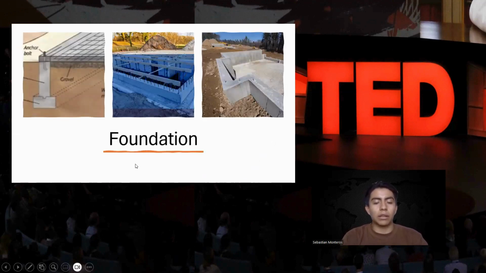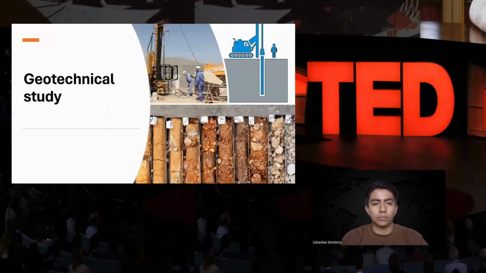Next, we're going to talk about the foundation. That's the main part of the structure, because the foundation is where the whole structure is going to rely. To do that, first we have to do a geotechnical study of the soil where our factory is going to be.